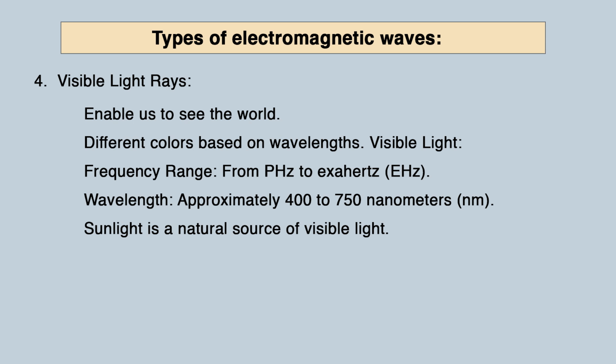That is the light range where the human eye detects colors, enabling us to see the world. Different colors based on wavelength come in the visible light range. The frequency range is picohertz to exahertz, approximately 400 to 750 nanometers. Sunlight is the natural source of visible light.